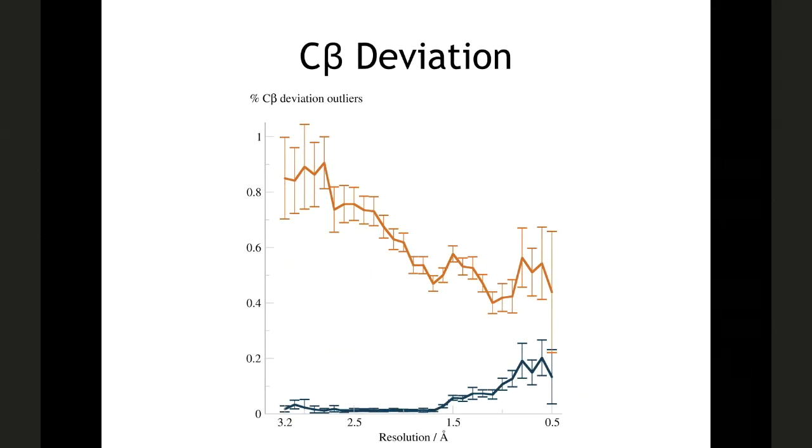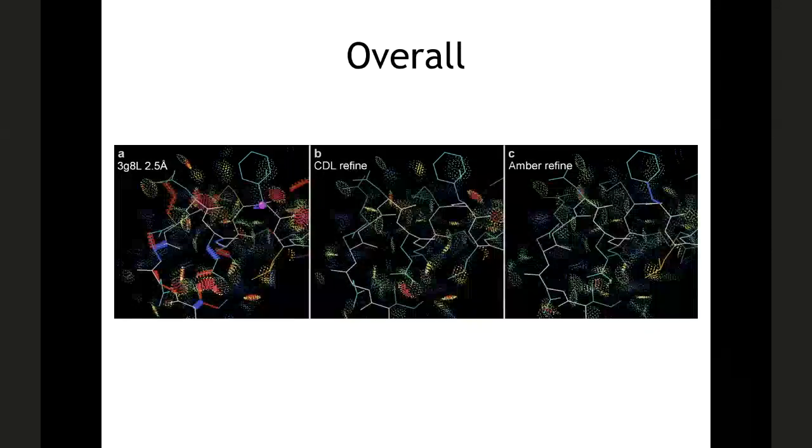And that is what Jane was looking at. You can see that overall, a refinement, in this example 3G8L, starts from a half resolution solution. It's got some problems.